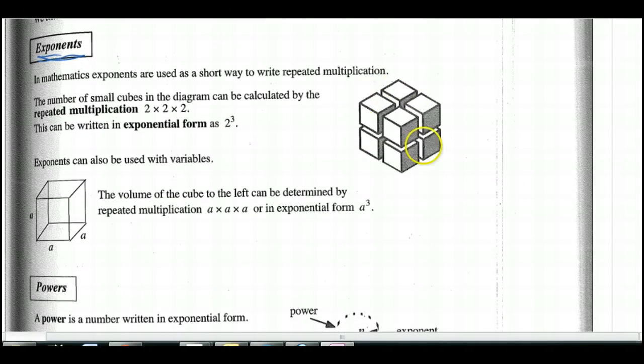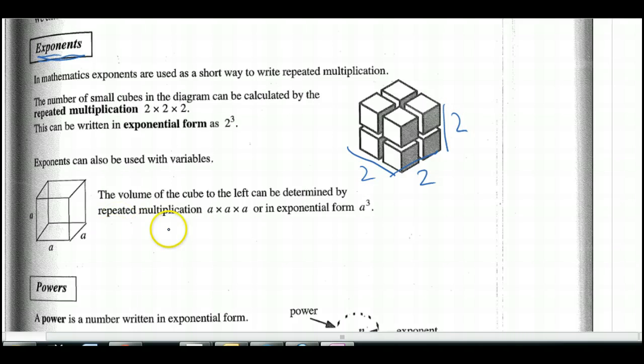For example, this cube over here is split up into 8 little cubes, and the way we would find the total number of cubes without having to count all of them, we would just count 2 along the bottom, 2 across this way, and then 2 vertically. So 2 times 2 times 2 gives us the total number of cubes.